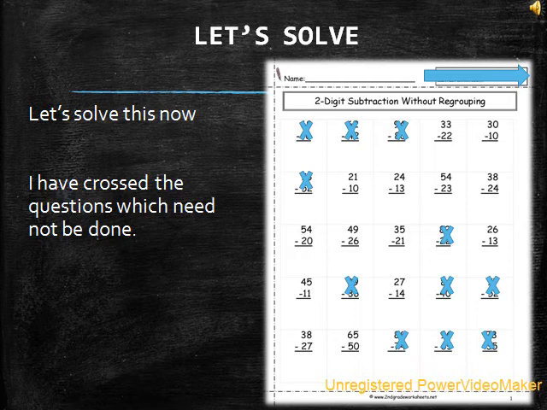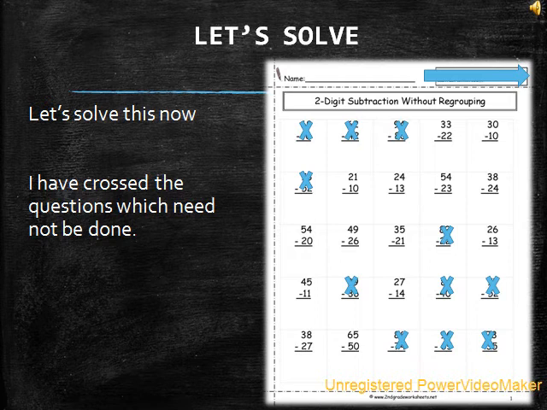So in this class, till now we have done addition and subtraction, which you have already studied. I think subtraction is clear to you now. Let's take one example. The first example is 33 minus 22.